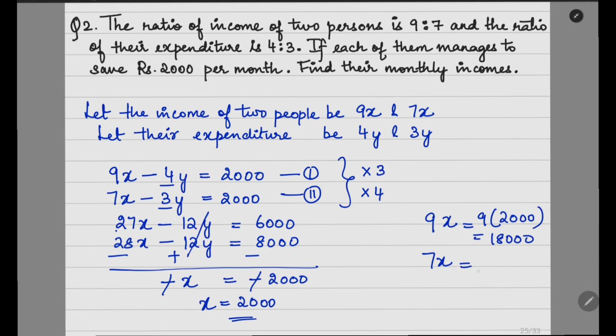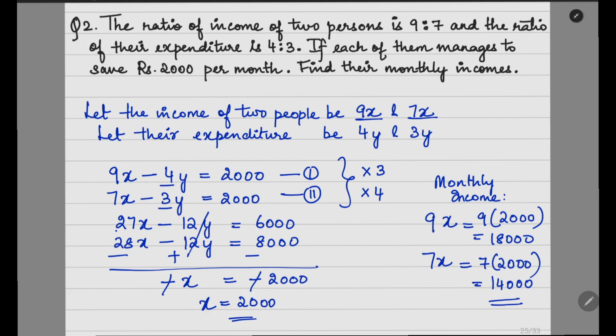Okay, and for the second person, the monthly income, that is what is asked. You are not asked the expenditure. Monthly income of the second person will be 7x. 7 into x, which is 2000, is 14,000. So therefore, their individual monthly incomes are 18,000 and 14,000 respectively.